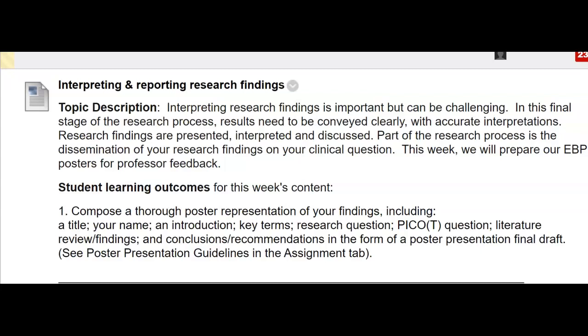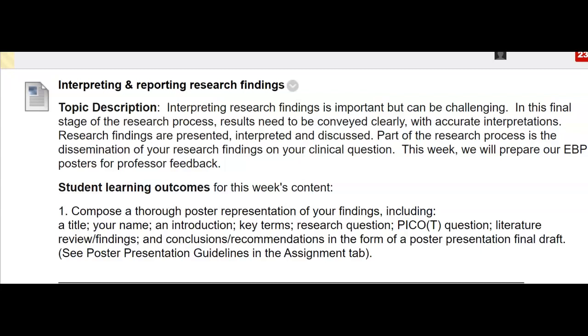So part of the research process is dissemination of your findings on your clinical question. So it's putting out there, you've done a lot of hard work, and that is for evidence-based practice. You've asked the clinical question, you've interpreted and analyzed the studies that are available to you to answer your question, and now you need to find a way.